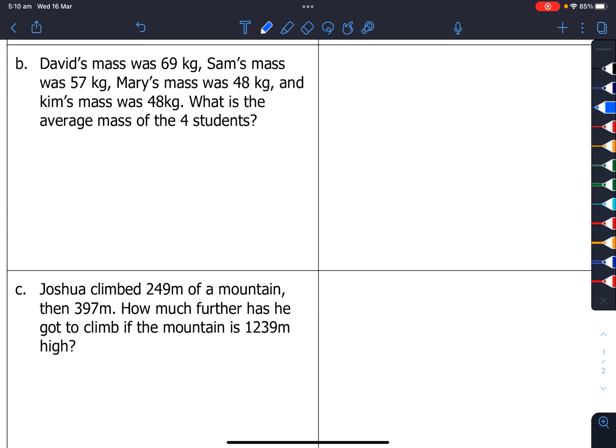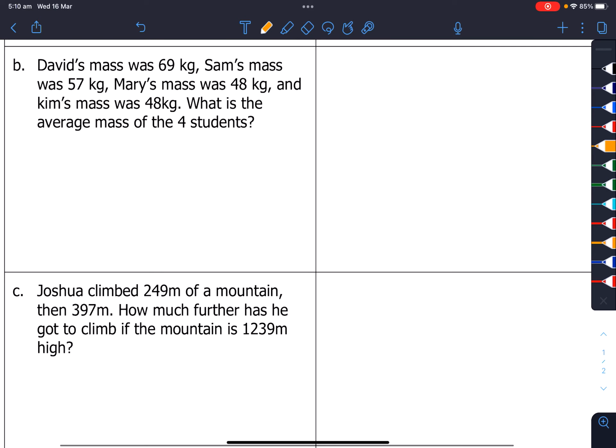First, we need to review what's called average. For example, if you have 3 numbers, 7, 8, 9.